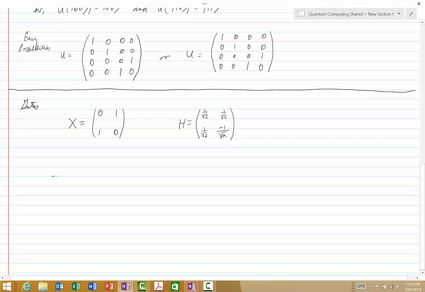Let's suppose that we had a circuit that operates on 1 qubit states that looks like this. What would be the matrix representation?